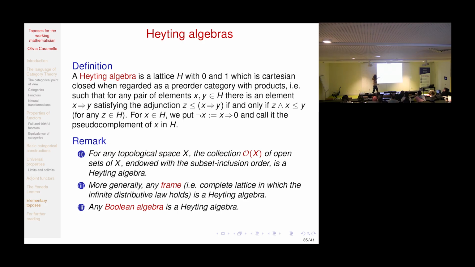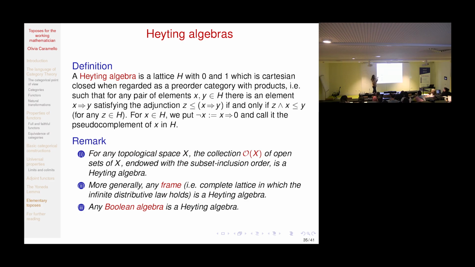In fact, you realize already from these examples the inadequacy of classical logic with respect to geometrical situations, because whenever you have a topological space, the logic which is naturally attached to that is not classical logic, because open sets don't behave as elements of a set.